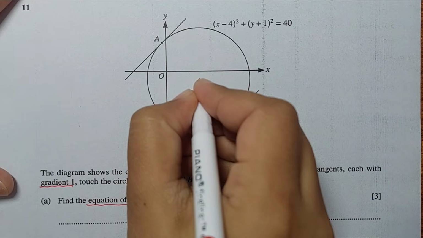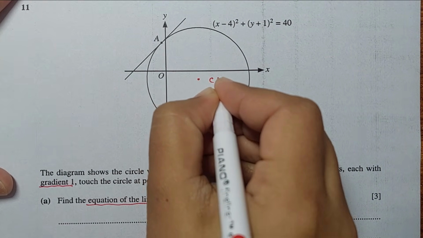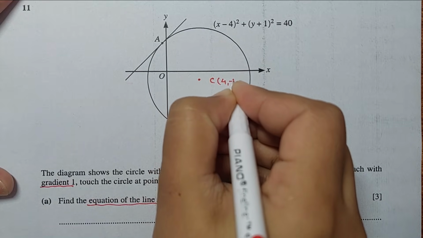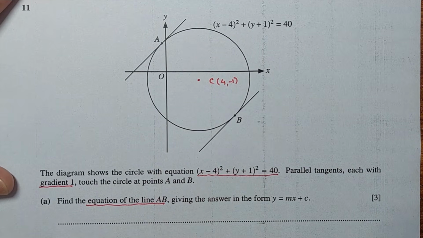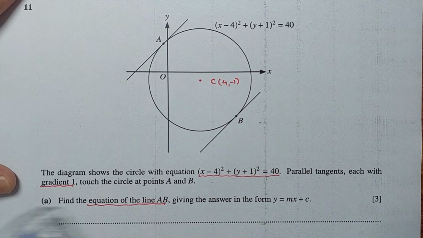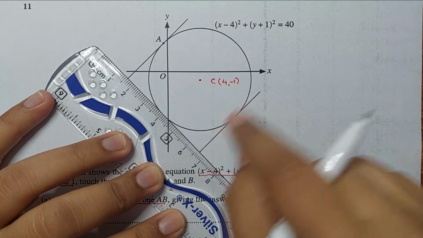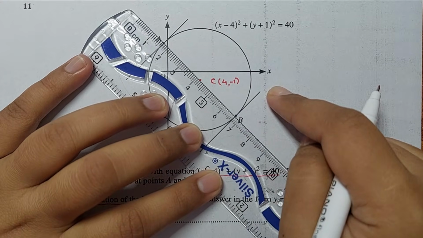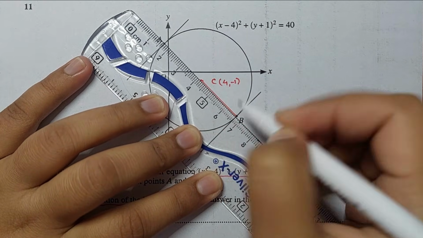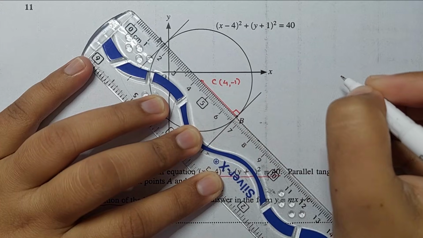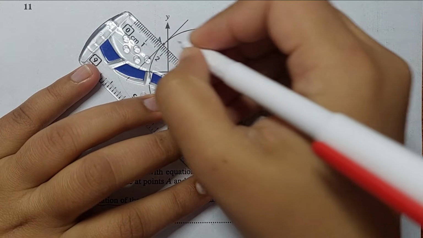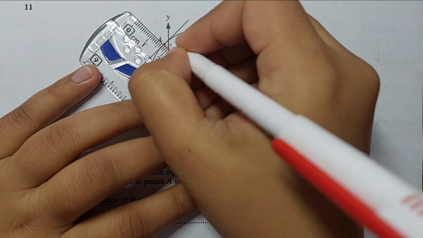Let's say this is the center of the circle, x is 4 and y is negative 1, right? This is the center of the circle. So as we know, the tangent line is perpendicular to the radius of a circle. This is a radius of the circle, and this tangent is also perpendicular to the radius of the circle.